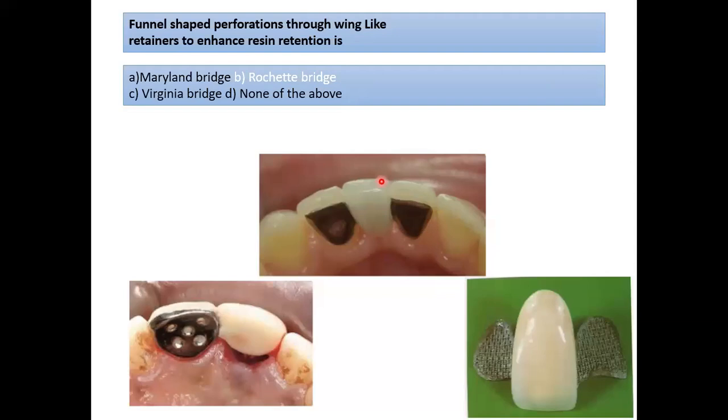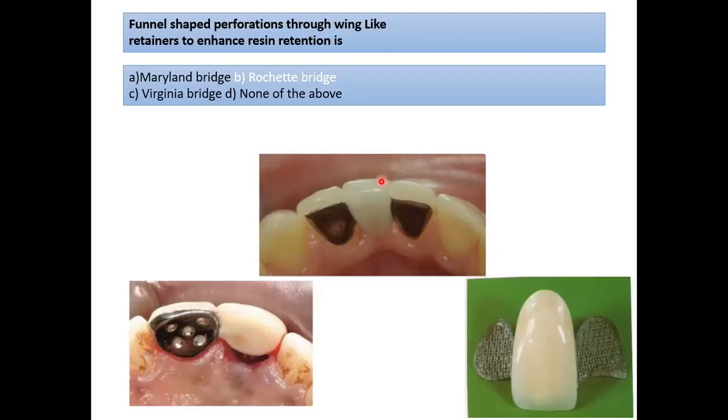Only in these two regions do you ideally use resin bonded bridges, or in some cases as a temporary prosthesis, when you have placed an implant and are planning to wait for 1 or 2 months. To avoid preparation of the adjacent teeth, you can give a resin bonded bridge.